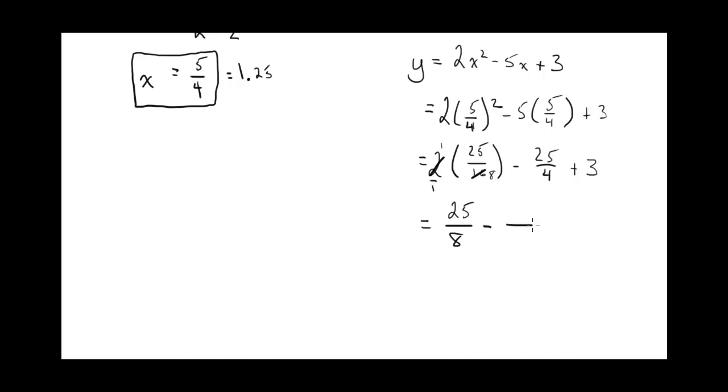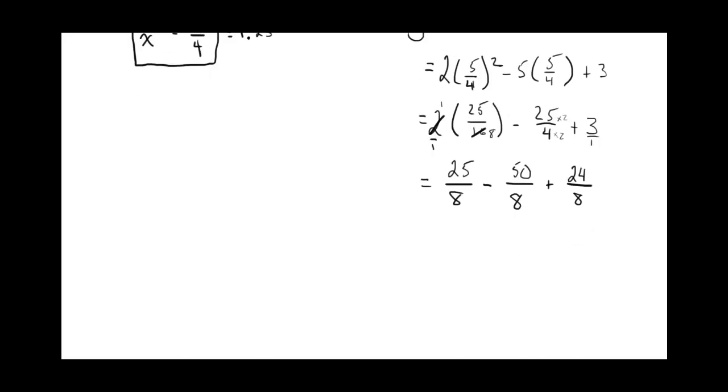So I'm going to change this 4 to an 8, which I do by multiplying by 2. Multiply this by 2. Becomes 50. Plus, this one's got to go over 8 too. So 1 times 8 is 8, and 3 times 8 is 24. So 25 minus 50 plus 24 would be minus 1/8.